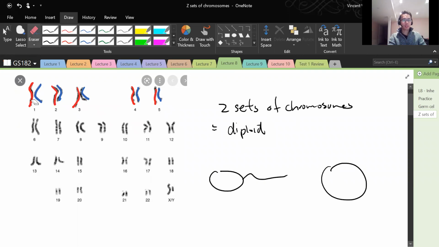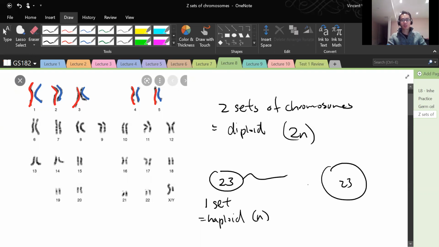One of these chromosomes will go to one sperm, and the other will go to another sperm. Together, it's just 23 chromosomes, only 1 set. This is haploid. Sometimes you will see people write diploid as 2N, and haploid as 1N.